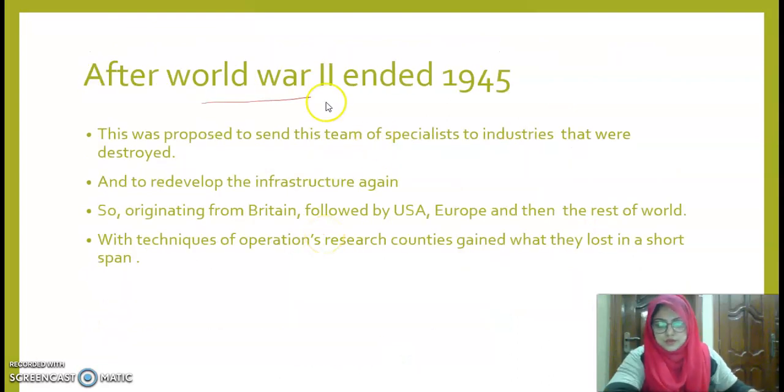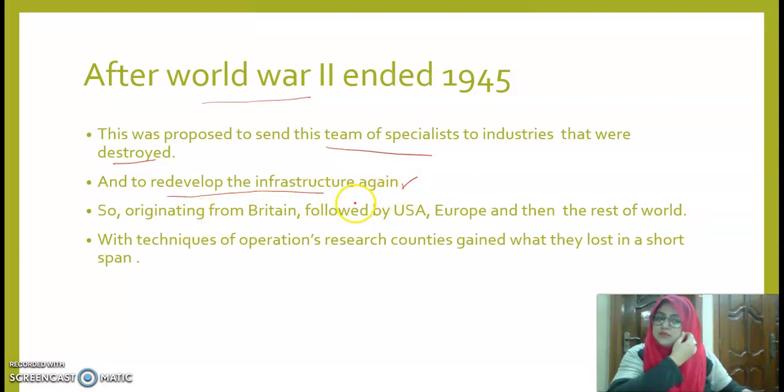In World War II, the idea was proposed that a team of specialists should be sent to the badly destroyed industries, because they wanted to overcome their losses and the infrastructure needed to be redeveloped. So the teams stayed with the industries and helped them develop at a much faster speed.